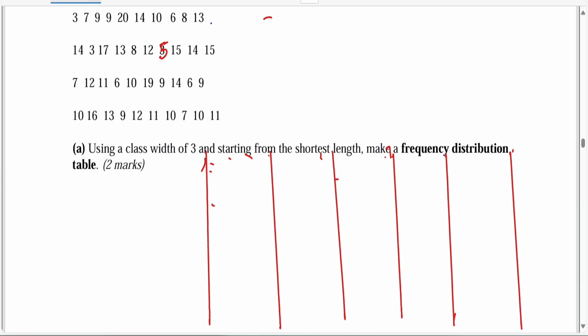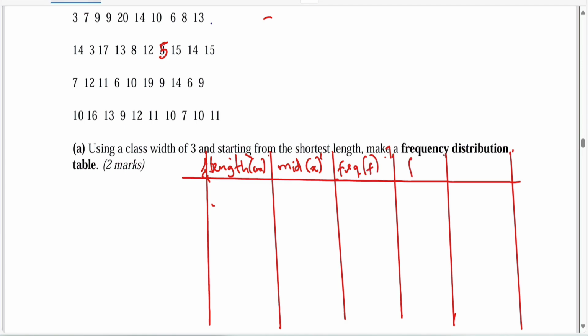Okay, so paka hapa. So class ni hapa, so your class being length in centimeters. We also have your midpoint, which is represented by X. We also have frequency represented by F, and you have Fx. Okay, and that's all.